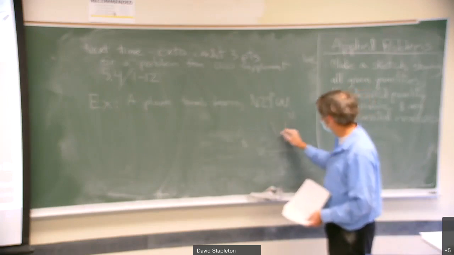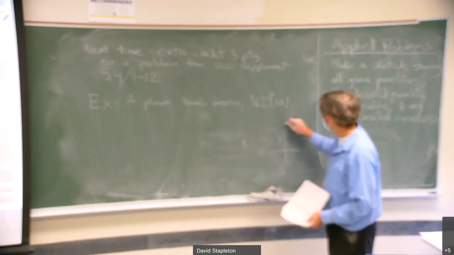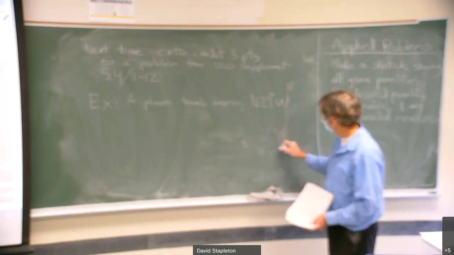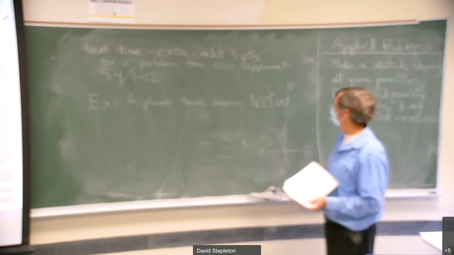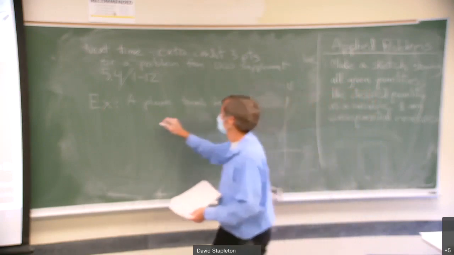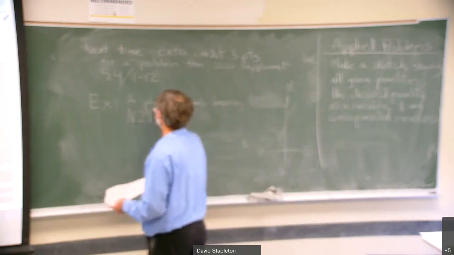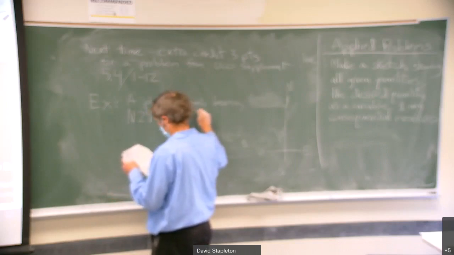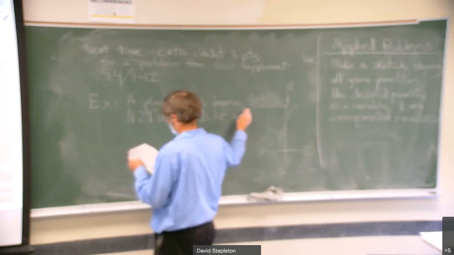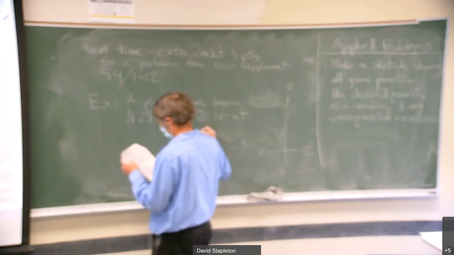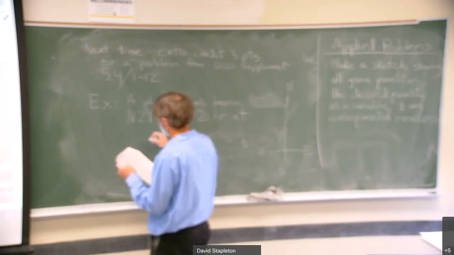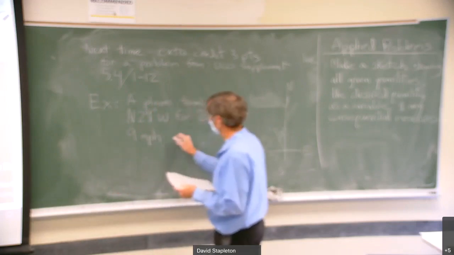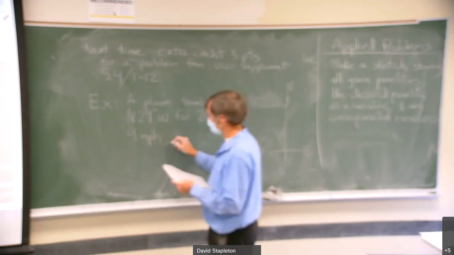So that means that this angle right here is 29 degrees. The plane travels at a bearing north 29 degrees west for 2 hours at 9 miles per hour. Then it turns, makes a right angle turn.